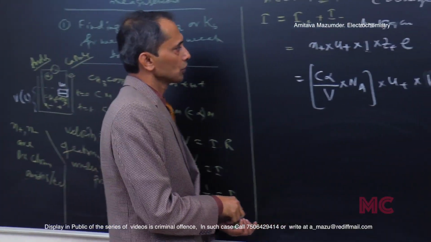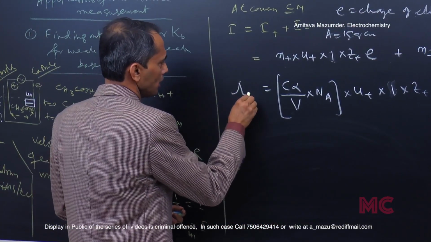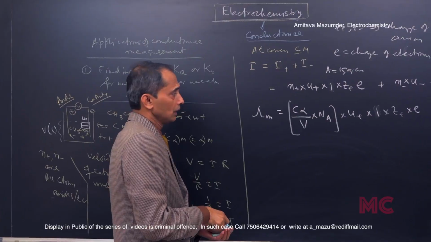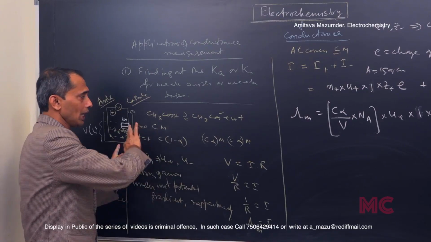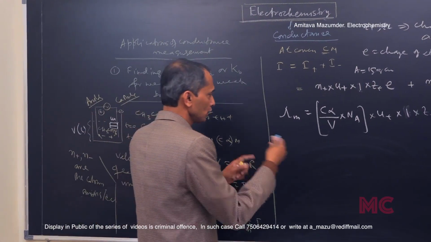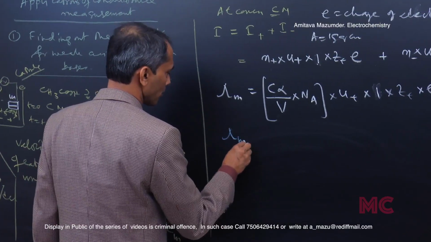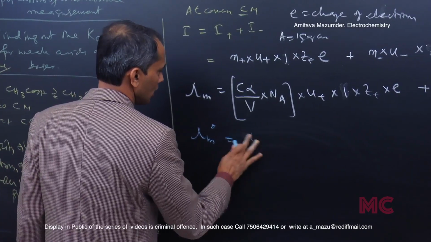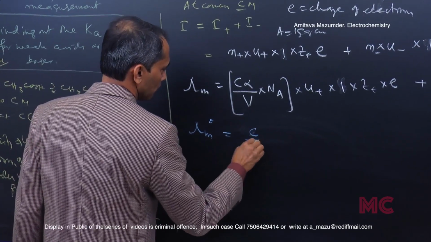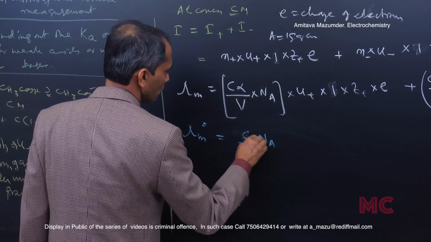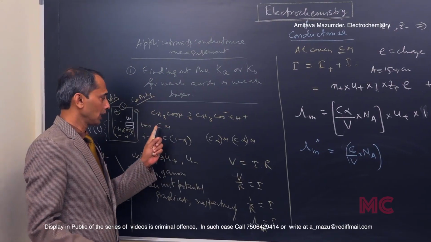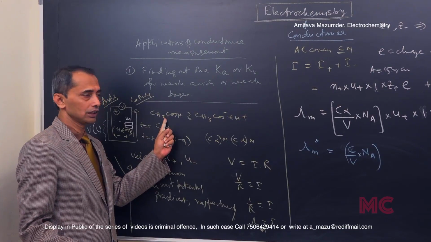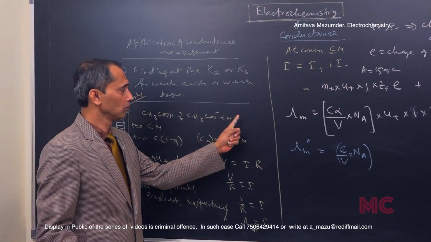So quite naturally, this is the lambda molar at this concentration. But if I talk about infinite dilute solution, then the whole acetic acid has dissociated into cations and anions. Then we can write lambda m naught. Instead of C alpha, I'll write C by V into Na, because we know that all acetic acid has dissociated into cations and anions. So at infinite dilution, C acetic acid will give you C molar cation and C molar anion.